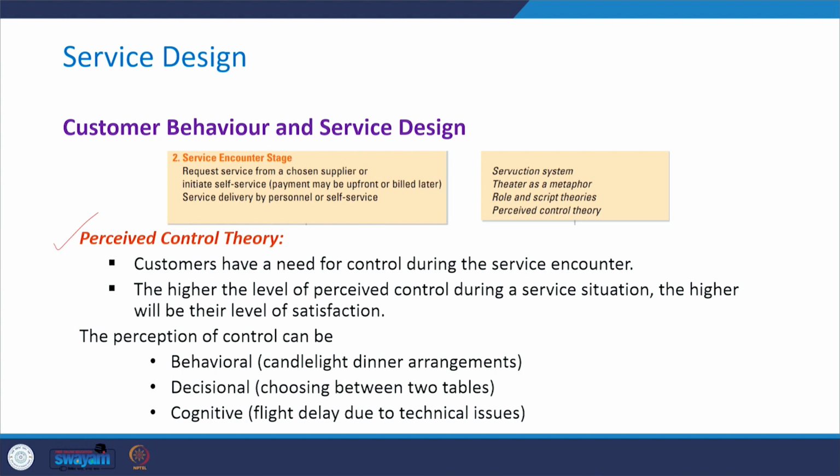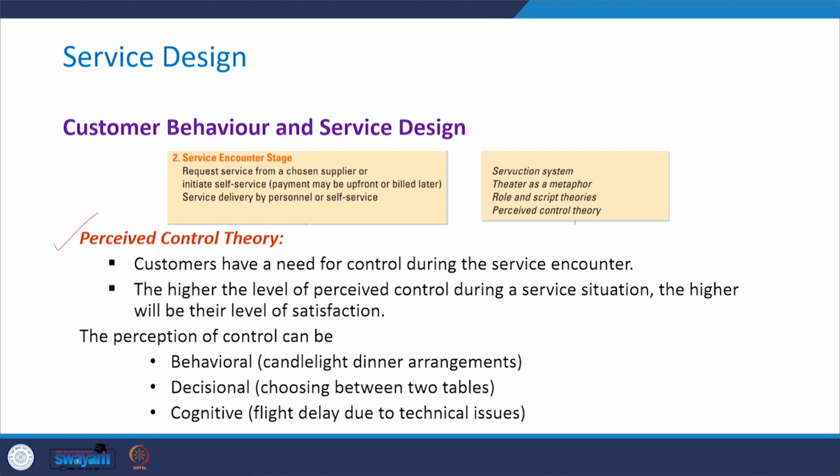For example, asking frontline employees to make special arrangements for a romantic candlelight dinner. The second type of control is decisional control, which means that the customer can choose between two or more standardized options without changing either option. For example, choosing between two tables at a restaurant.